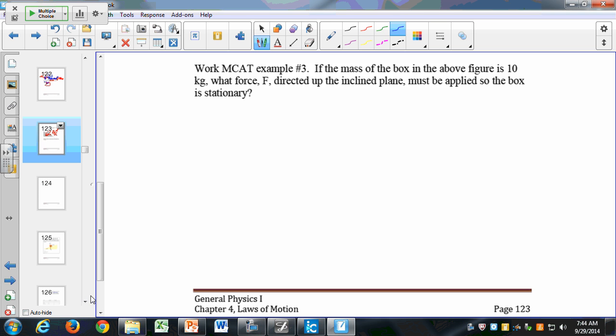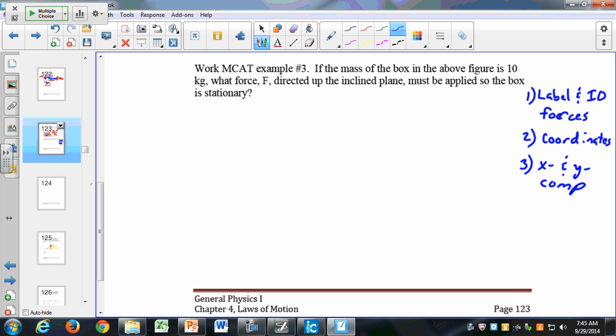And we want to follow those steps. Let me just remind you of the steps. You want to label and identify the forces. You should already have these steps in your notes somewhere, but it helps to keep these in mind. Because each problem is going to be a little bit different, but if you follow these steps, you'll still apply all of them. So label and identify the forces, draw the coordinate system, and for your inclined plane, that coordinate system will most of the time be the same. The third thing was to resolve into our x and y components.